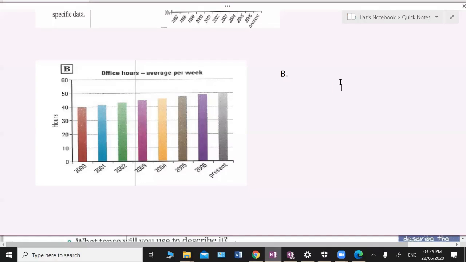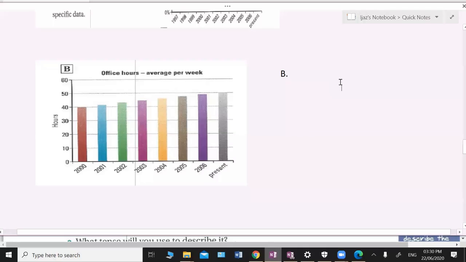Okay, so just 3 sentences. You can write 3 sentences in the chat box, and if someone wants to speak about this graph, you can send me a request. I will unmute you, and you can share your answer with me. Okay, I'll give you 2 minutes to write it down, 3 sentences. You can write in the chat box.